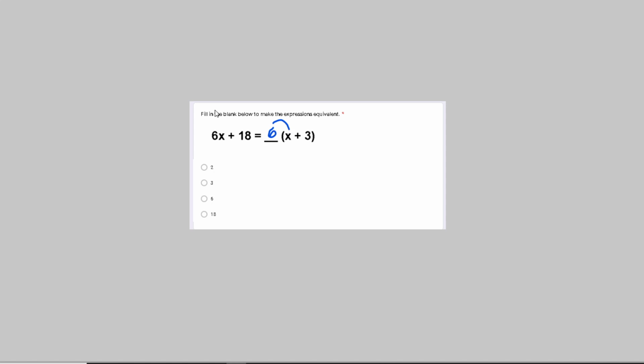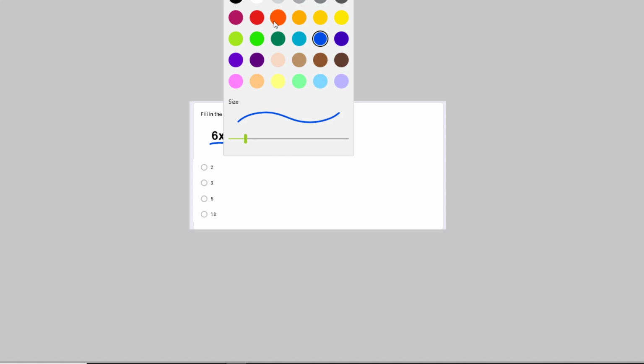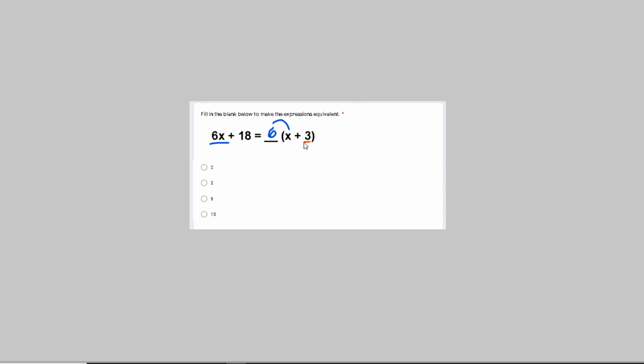Right? 6 times x. That would give me 6x. But then we also have an 18. So I have a 3 here. Well, let's try this out. If I do 6 times 3, oh, that gives me 18 as well. So this seems to check out. That means that filling in 6 would be the correct answer.